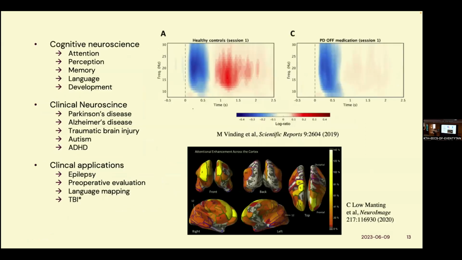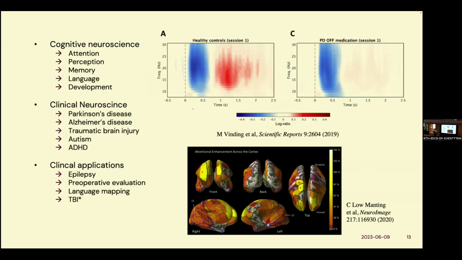Applications today are mainly in neuroscience, trying to understand cognitive processes, for example. There's a lot of work in clinical neuroscience as well. At NatMEG specifically, we have a lot of work on Parkinson's disease, trying to find biomarkers for it.